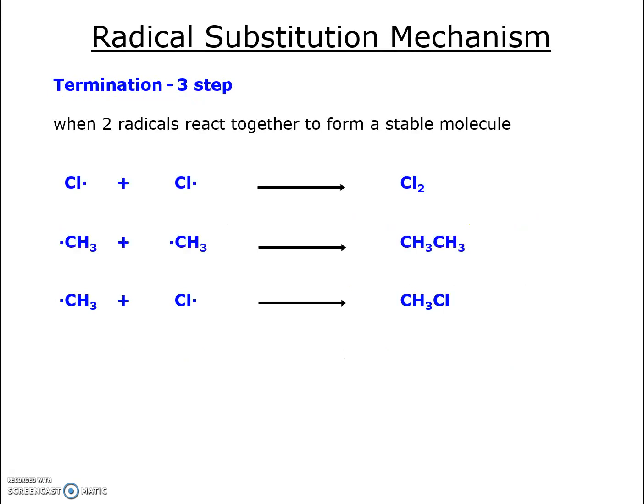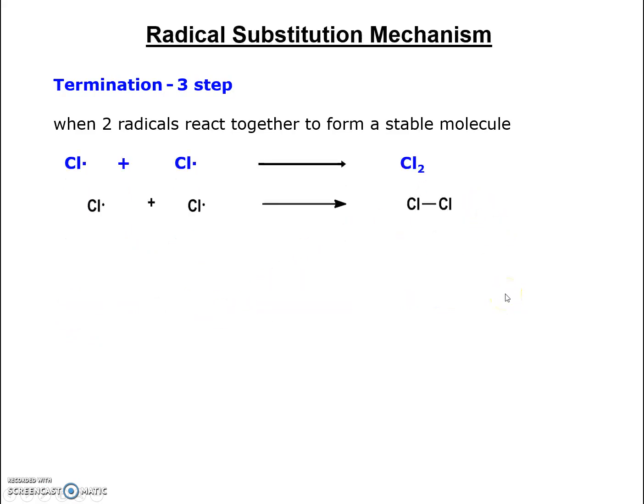The termination steps, there are 3 of these. The termination step is when 2 radicals combine to make a stable molecule. So you can have 2 chlorine radicals, or 2 methyl radicals, or a methyl and a chlorine radical to form their respective products.